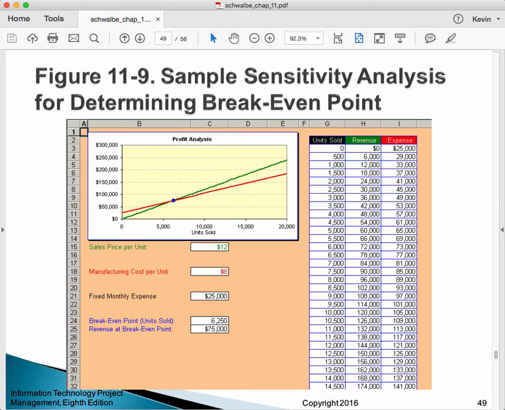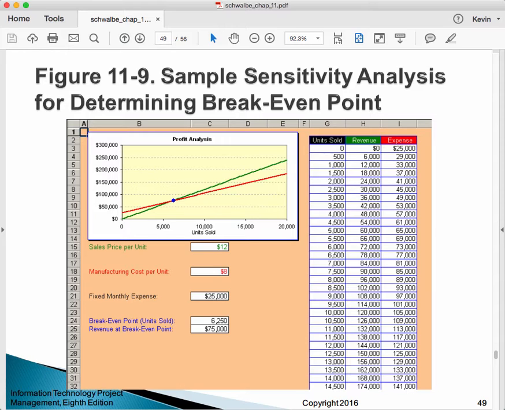Then we see what the revenue will be. Then we see what the expense will be. And how do we figure this out? Well, we have a variable, the sales price per unit. We have the manufacturing cost per unit. We have the fixed monthly expenses.